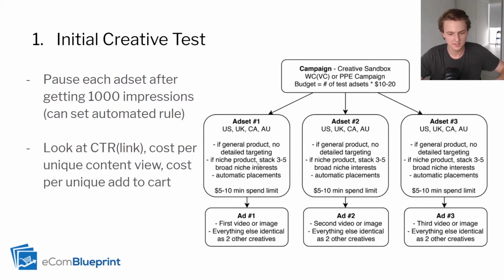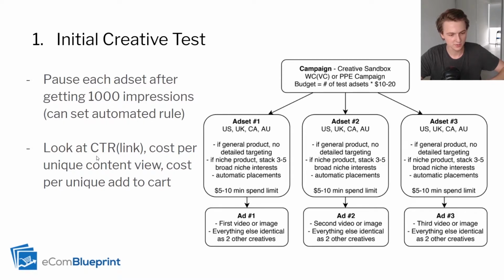And so once all ad sets are paused, you can just compare the data, see which performed best, right? Which drove the most actions taken on your website. That's the most important thing, is actions taken on your website. And so the important metrics to look at is the CTR link click, right? How many people clicked through on our ad. Usually the ad with the highest CTR link click is going to be the best ad, although that is not always the case, because you also need to look at the cost per unique add to cart.